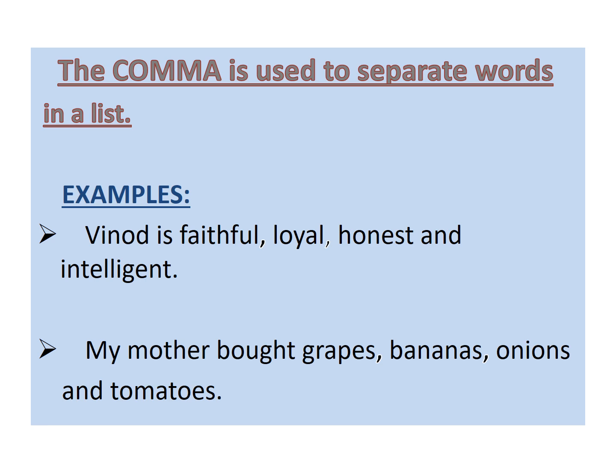So the sentence is, my mother bought grapes, bananas, onions and tomatoes. And here too, the comma is giving the shortest pause. The comma separates the words in a list.